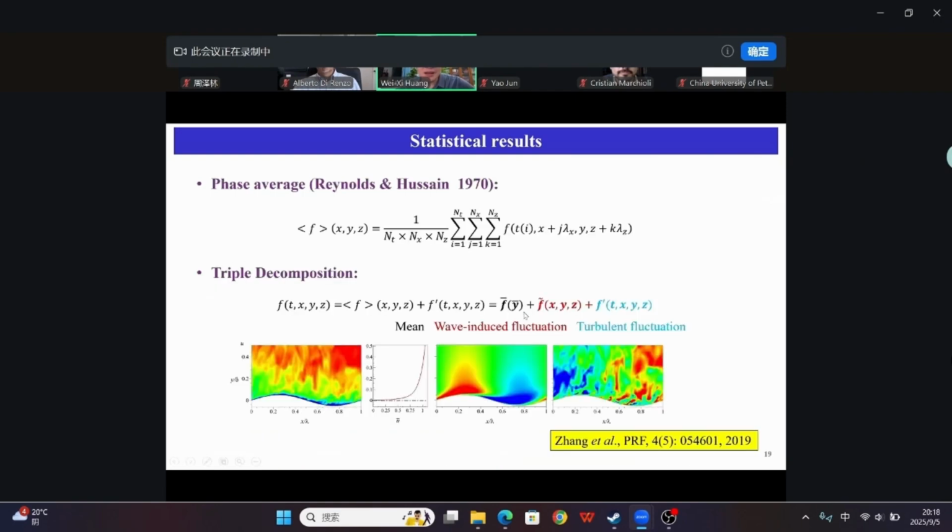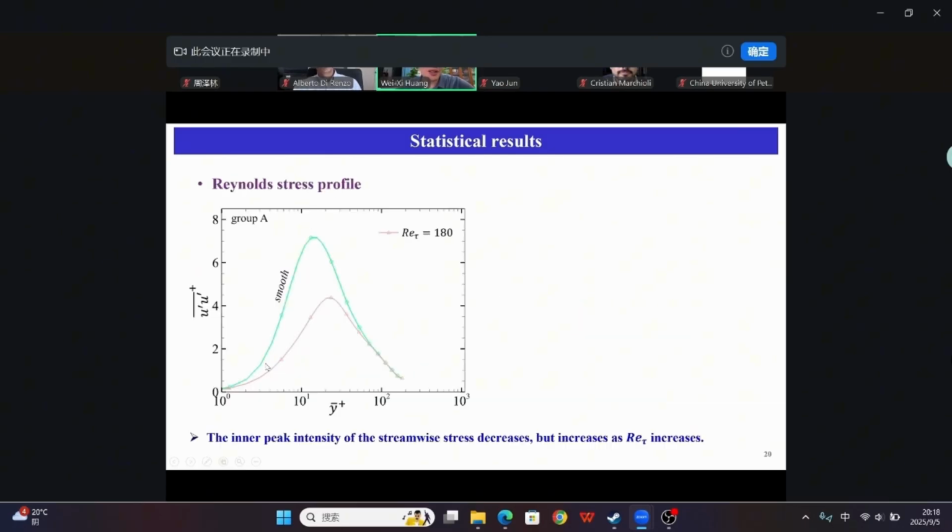And then we further consider the fluctuation. The instantaneous quantity can be decomposed into the mean, the wave-induced fluctuation or phase fluctuation, and also turbulent fluctuation. Here we mainly check the turbulent fluctuation. So this is the smooth case, and for the streamwise turbulent fluctuation, we can see it's reduced.